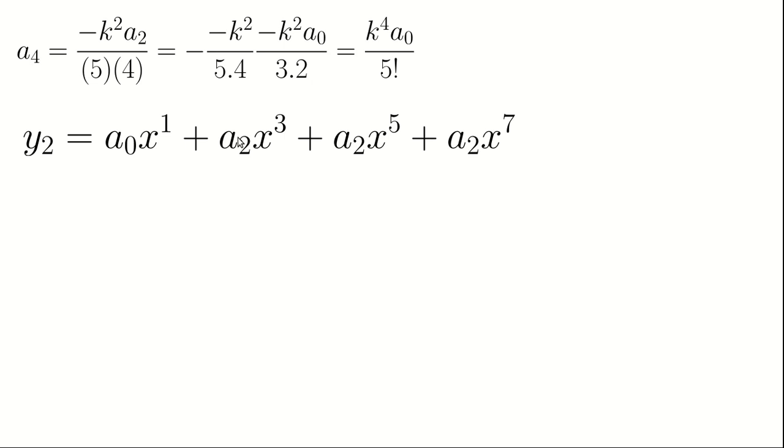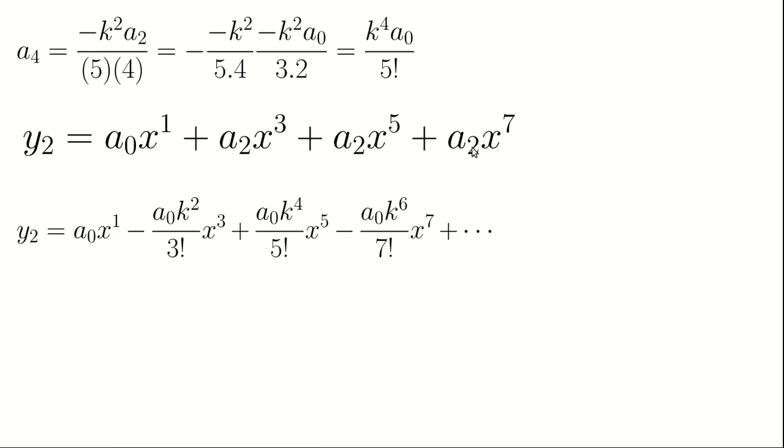So at the end of the day, we'll make the substitution for a0, a2, and a4. I think this one was an omission. It's supposed to be a0, a2, a4, then a6. Yeah. So sorry for the mistake.